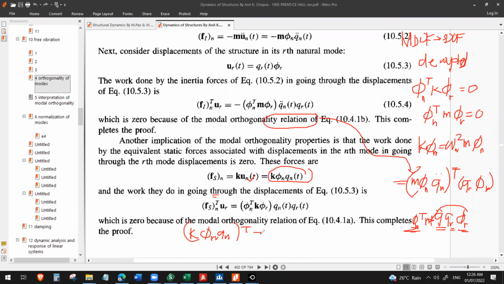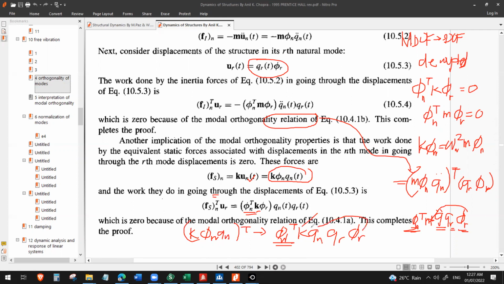So which makes it phi n transpose K Q sub n. Then multiplied by U sub r, which is this one again, Q sub r, phi sub r. Okay, phi n transpose is this. K, ito yun.